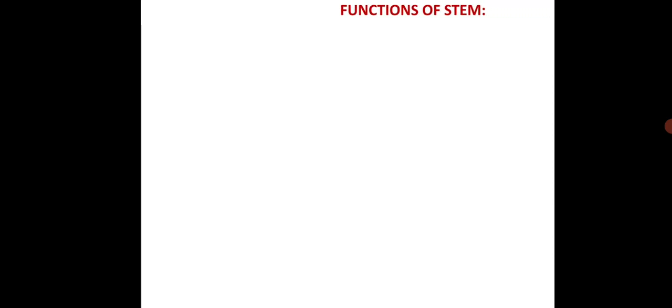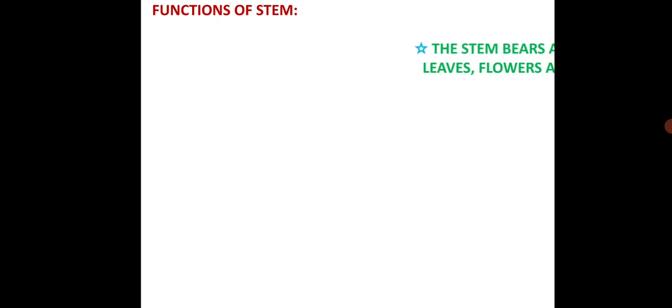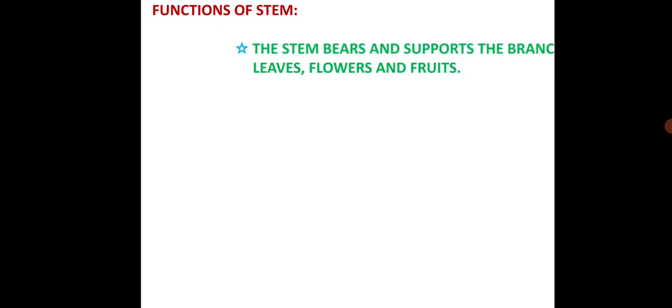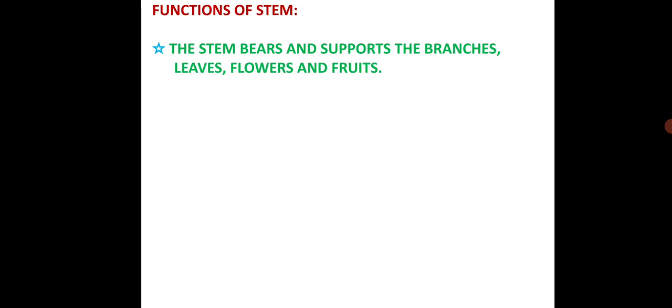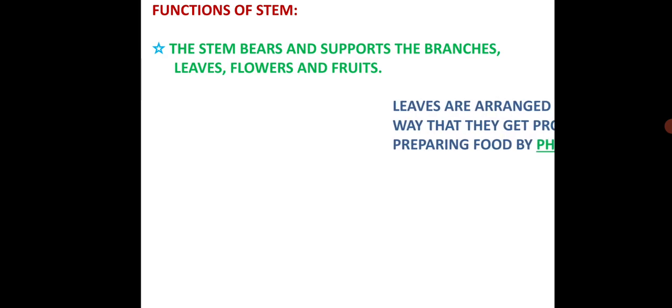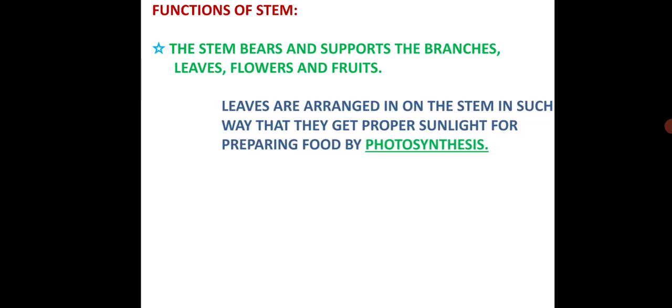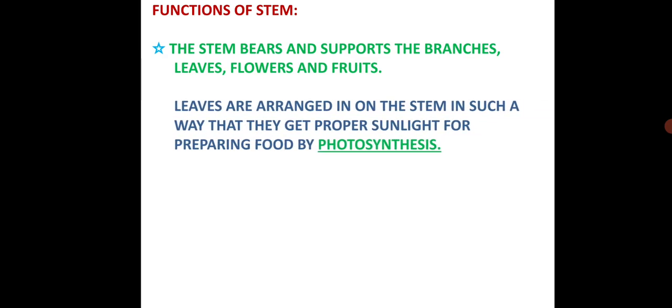Functions of stem. The main functions of stem are: the stem bears and supports the branches, leaves, flowers, and fruits. Leaves are arranged on the stem in such a way that they get proper sunlight for preparing food by photosynthesis.